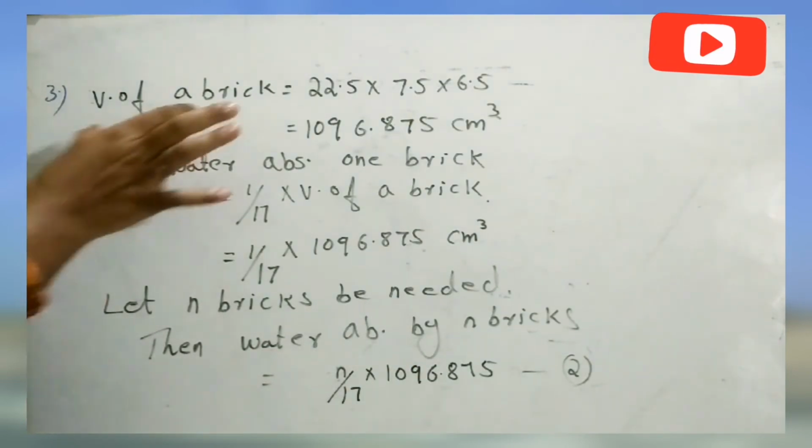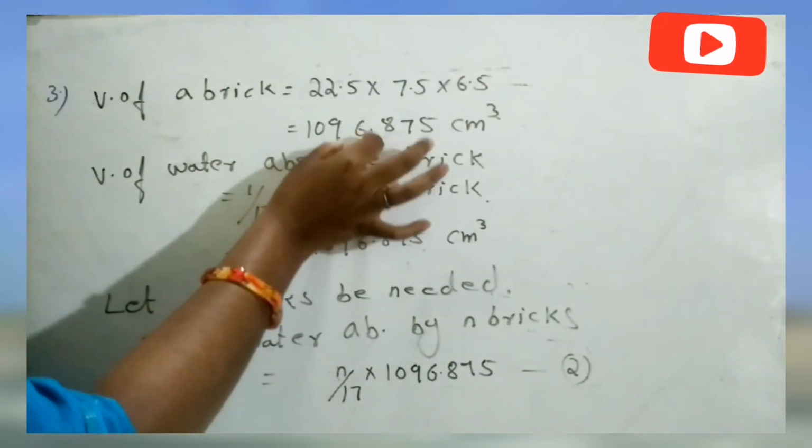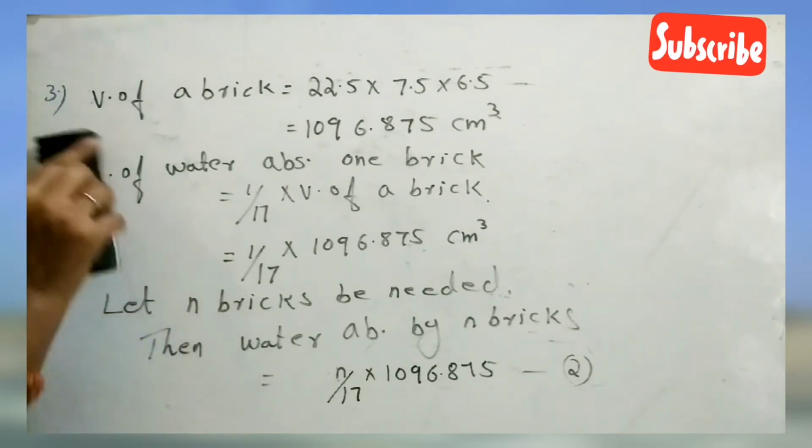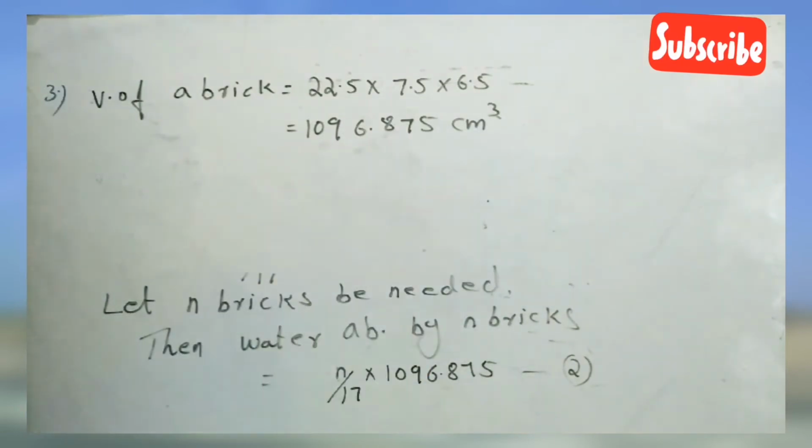Since the volume of a brick is equal to 1096.875, what will be the volume of n bricks?